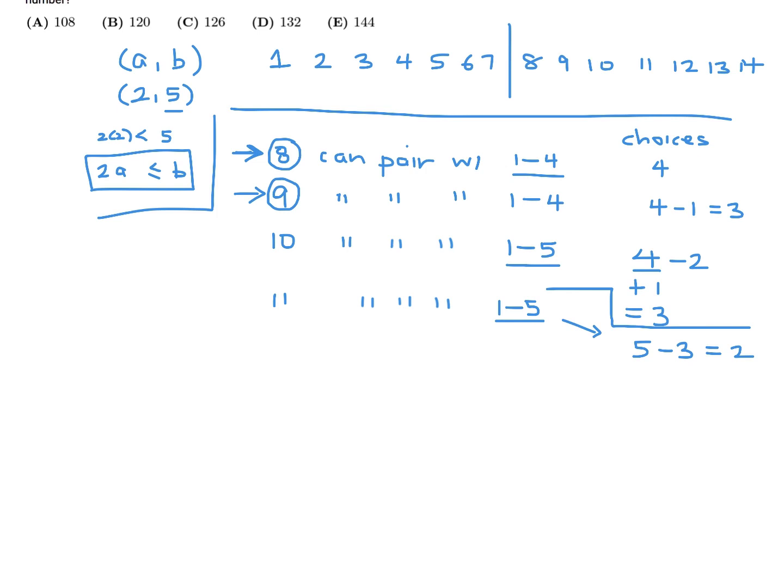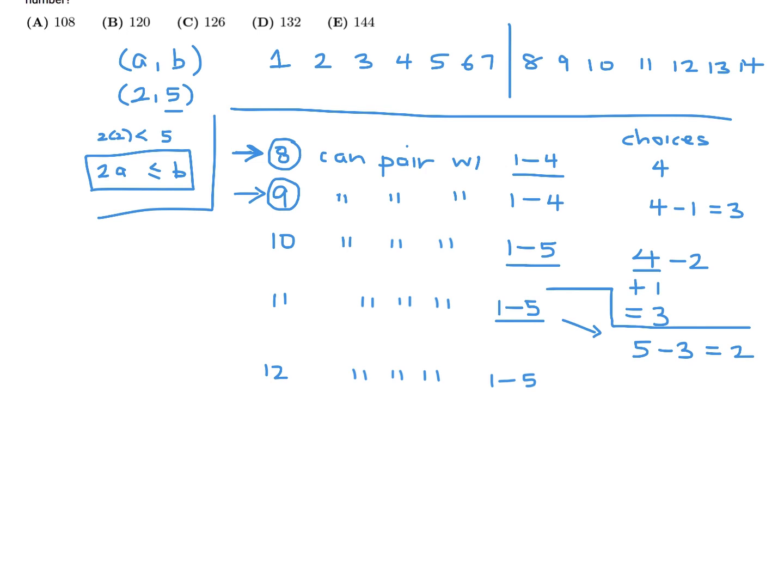You got it? And then for 12, 12 can pair with anything from 1 to 5. It can pair with anything from 1 to 6, but I just want to write 1 to 5 to make it less confusing.